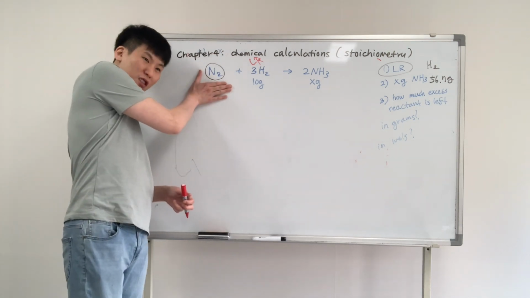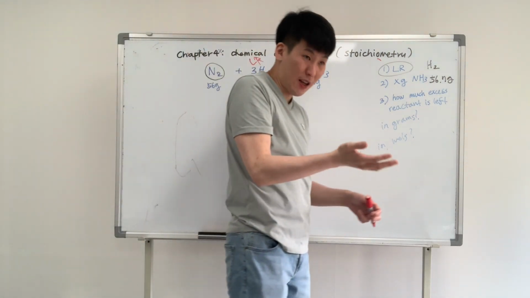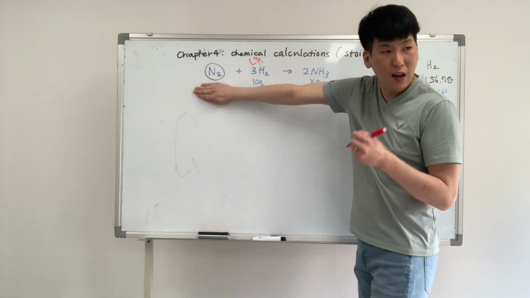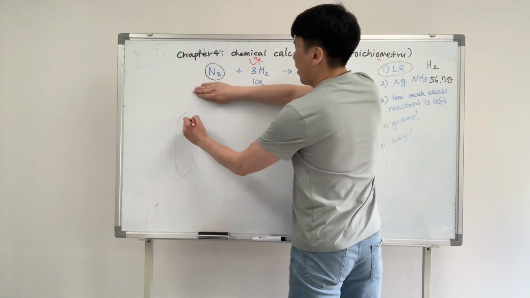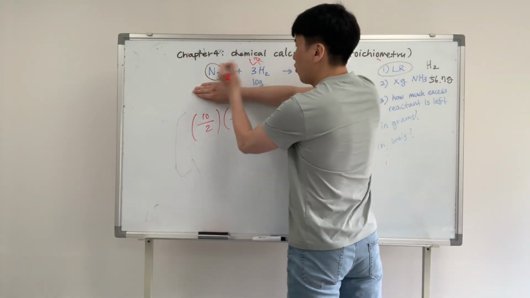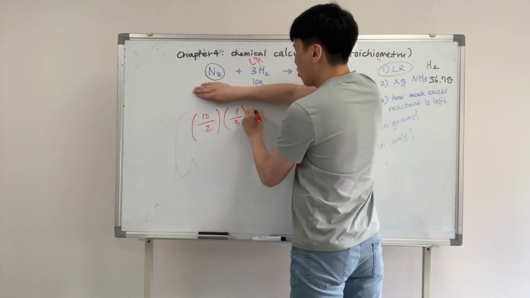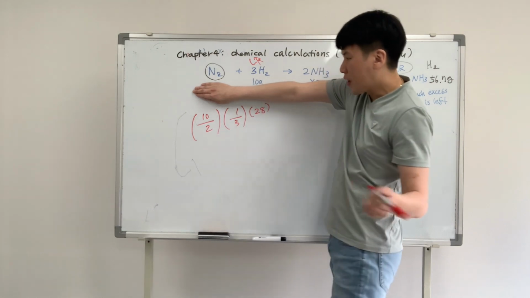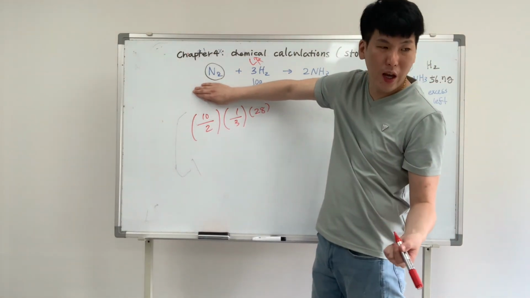Cover it and calculate the mass again, right? So assume it doesn't exist and you calculate again. So that's going to be 10 over molar mass 2, that's 3, 2, 1. Molar mass of N2 is 28, right? Then 280 over 6. Please calculate someone.